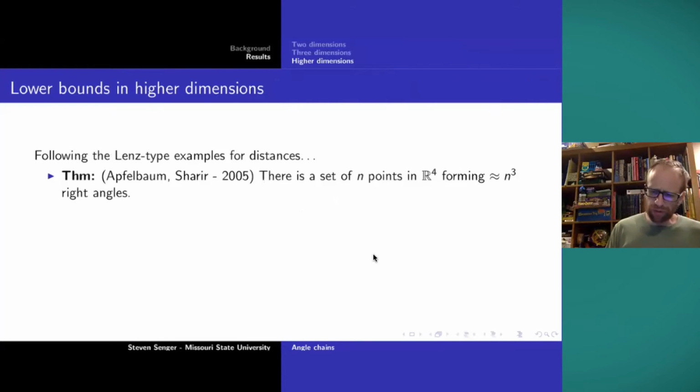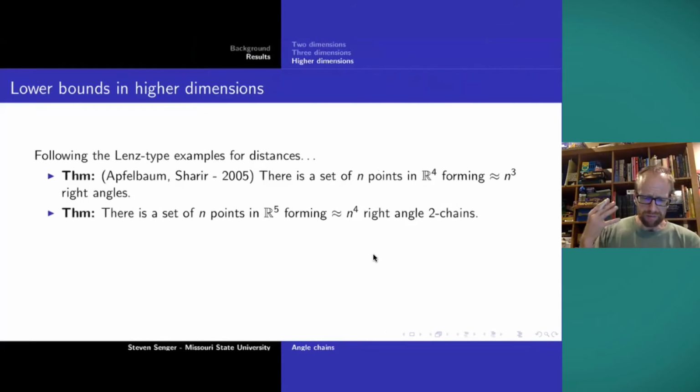So Appelbaum and Sharir came up with a set of n points in R4 forming n cubed right angles, and if memory serves, it's somehow points arranged on a circle. I actually just pulled it up so that I wouldn't be lying to you. But it's essentially cleverly arranging points on circles in such a way that you get right angles.